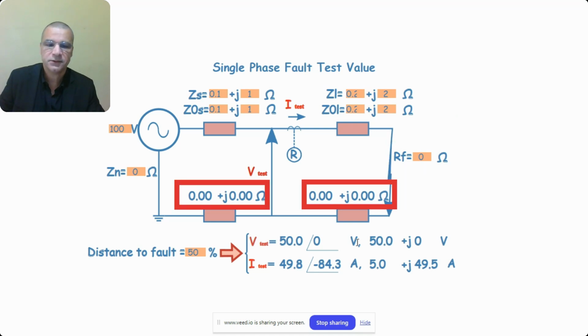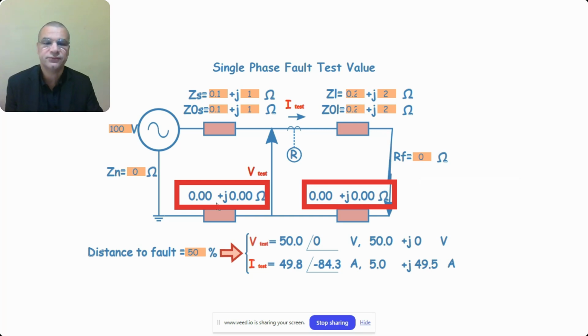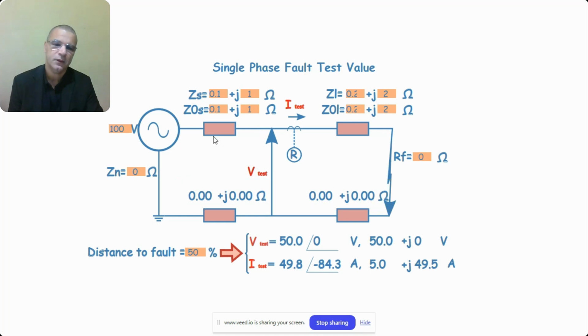On the bottom here, you can see the impedance. If you could measure it, that impedance would be equal to the zero sequence impedance minus the positive sequence impedance, divided by 3. Here it's equal to 0 because the zero and positive sequence are equal, so the difference is 0.